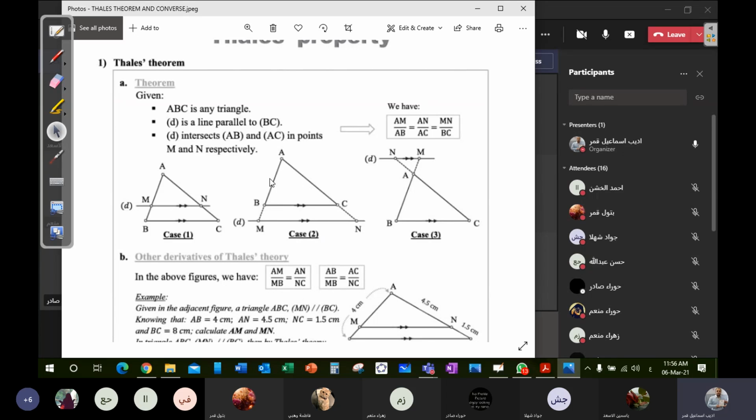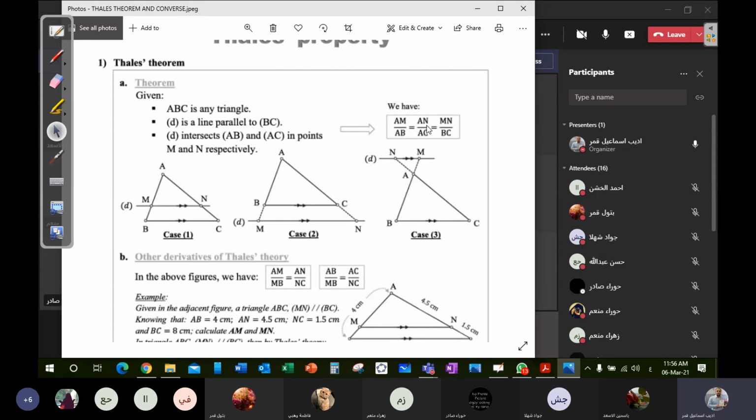Then also we may say AM over AB equal AN over AC equal MN over BC. Also, if the segment is cutting the lines AB and AC from the side of A, like in the third case, also the Thales theorem says AM over AB equal AN over AC equal MN over BC.